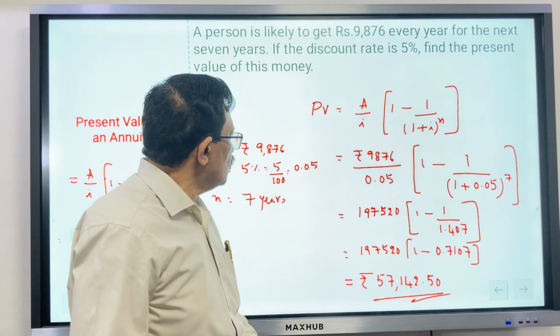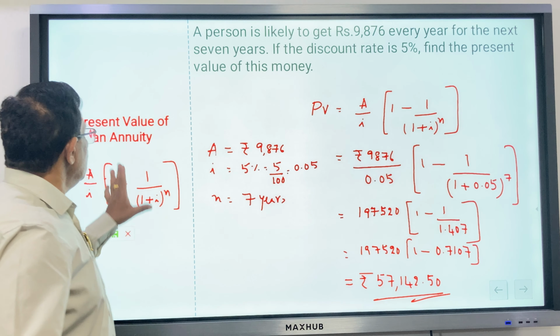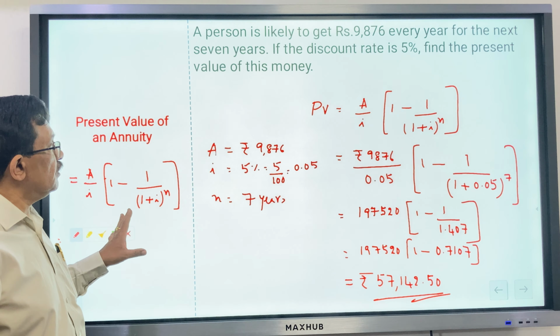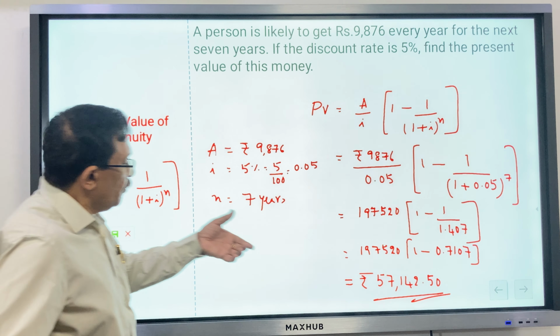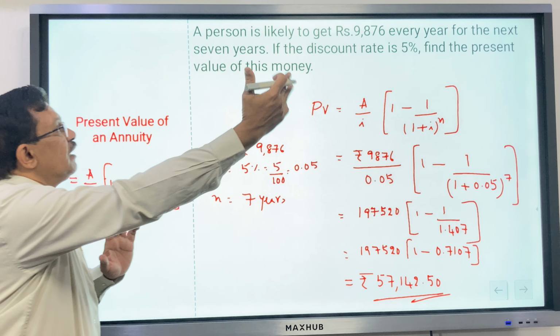So this is how you are going to solve this particular problem, wherein I am using the present value of annuity formula to compute the present value of the flows which are coming at a later date.